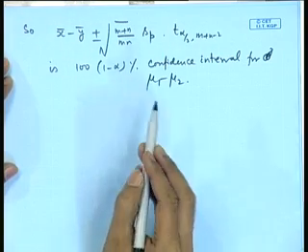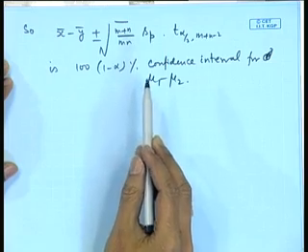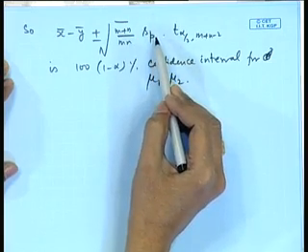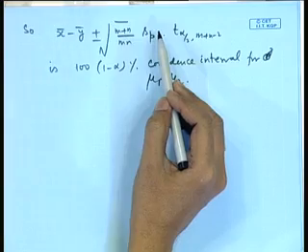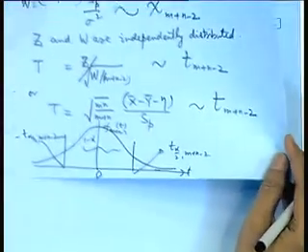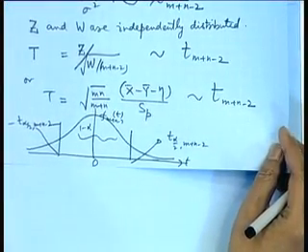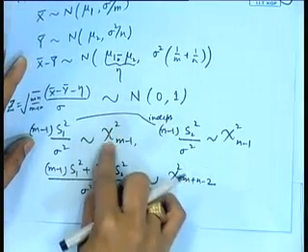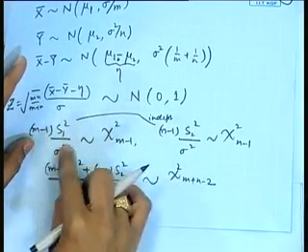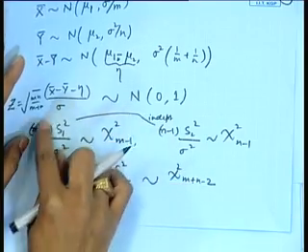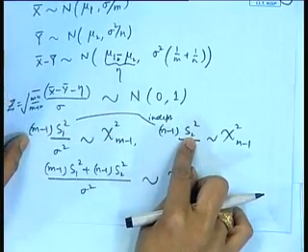Notice here that since the variances were assumed to be equal, we are making use of a pooled sample variance. Now, one may ask a question that in place of this, suppose we consider simply S 1 square or S 2 square only, because in that case also we are getting a variable which has a distribution free from the parameter. So, why not use only this or only this?